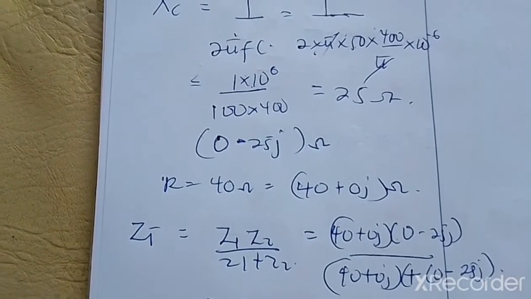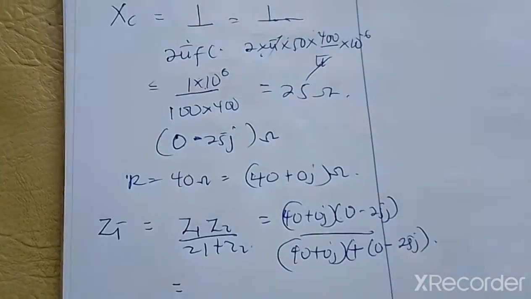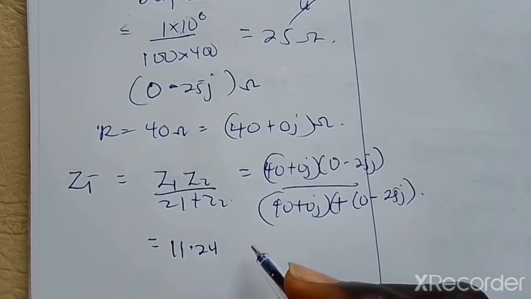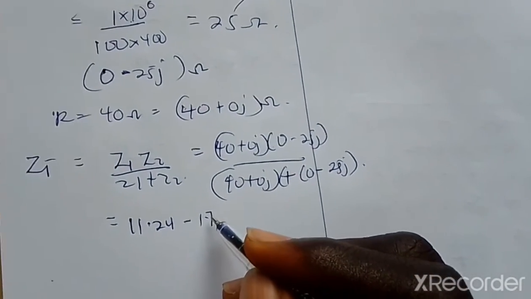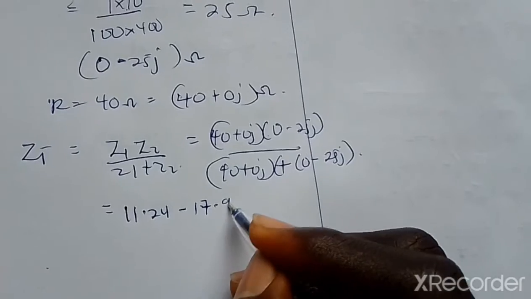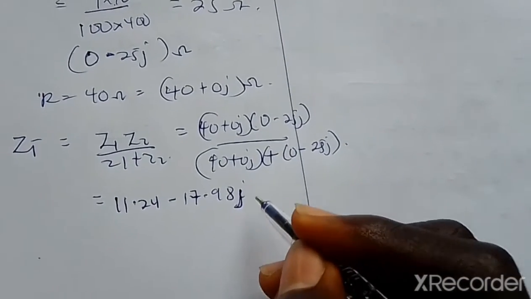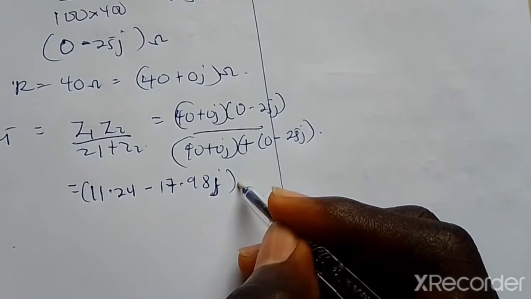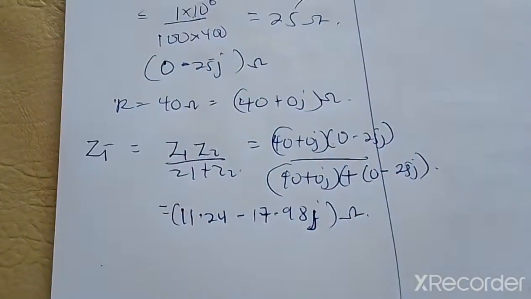So you get 11.24 minus 17.98i. But here we are using j. In AC, we use j because i will mimic current, so we have to use the j. So this will be our total impedance.